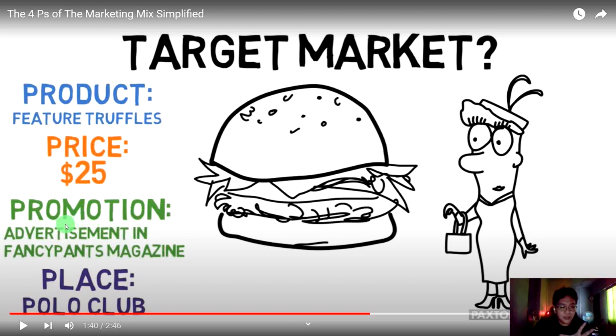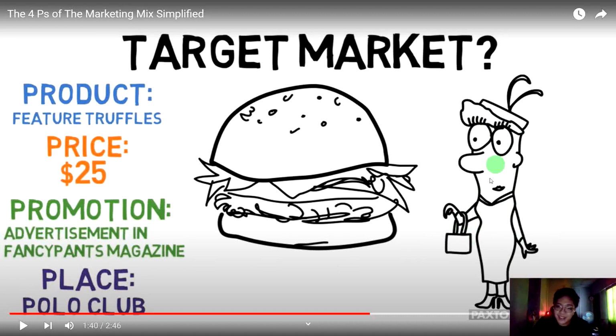Promotion, you will promote your product sa lugar kung saan mas maraming klase ng taong tulad niya ang makakakita, which is Fancy Pants Magazine. I don't know if this actually exists. But since we want to sell our $25 truffle burger to someone like this person, we will promote this $25 truffle burger in a magazine that has readers like her or like him.